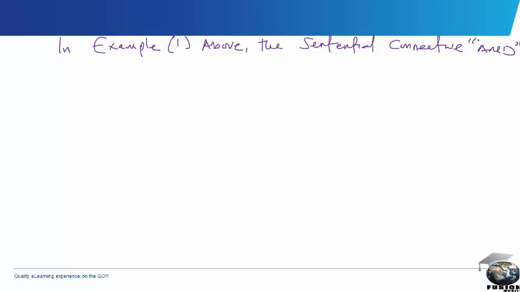Okay, the "and" is called the conjunction, or what we call the conjunctive statement.